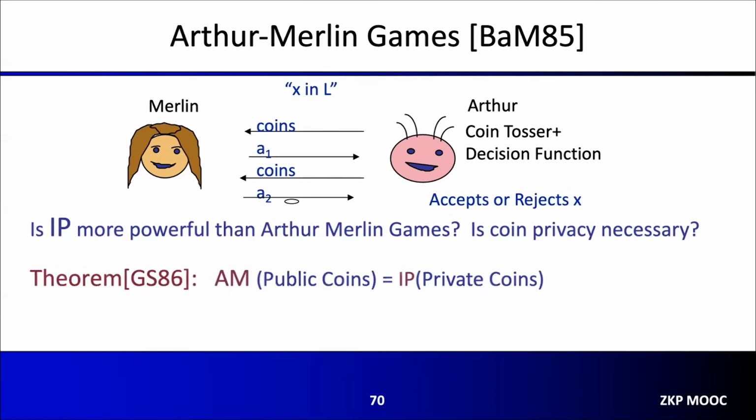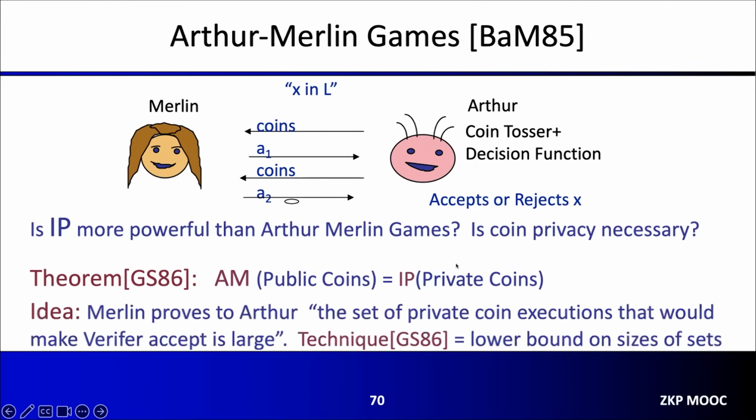The answer was no. You can take any interactive proof like the one we just showed for graph non-isomorphism and turn it automatically into a system where the Arthur, or the verifier, only tosses coins. It turns out that this transformation is such that even if Merlin was efficient to begin with, he will become inefficient. But again, this is for a complexity course.